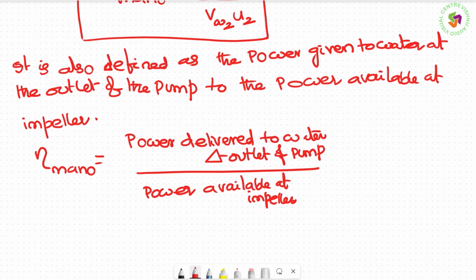So this is equal to gamma Q into Hm, divided by 1000 if you put it in kilowatts. So this is the outlet actually.